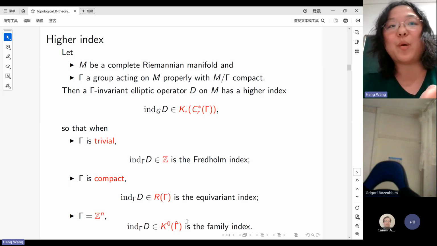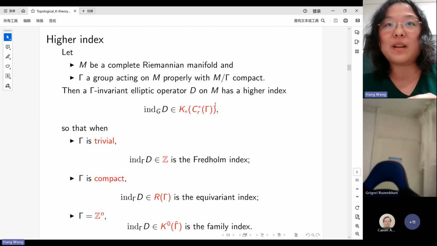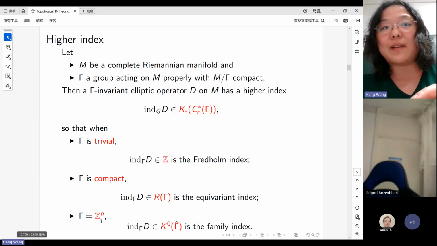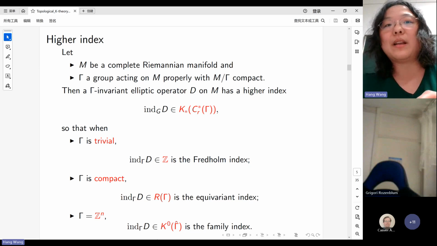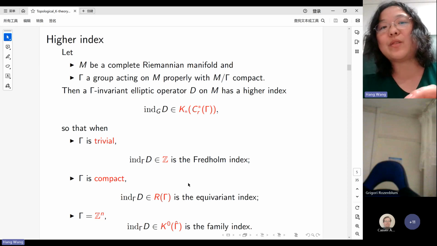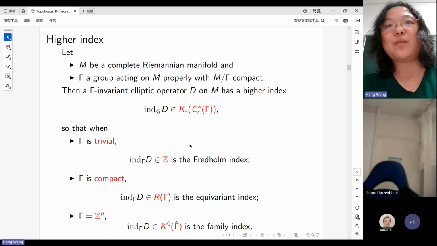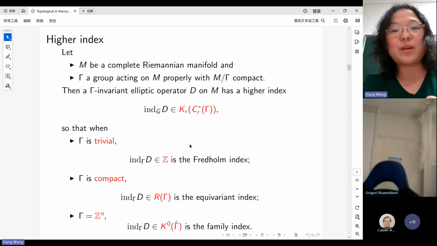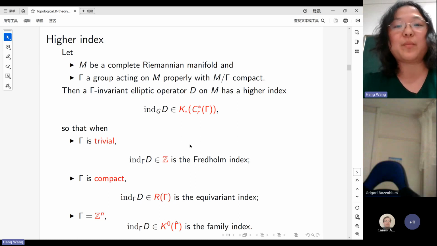And in the third example, it is when gamma is Z^n, and if you consider the Pontryagin dual of that Z^n, which is the n-torus, in that case, this so-called higher index reduces to the family index. So this higher index is a unifying language of the previous three interesting examples.